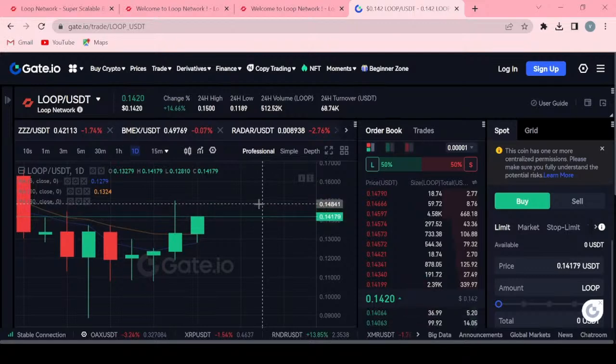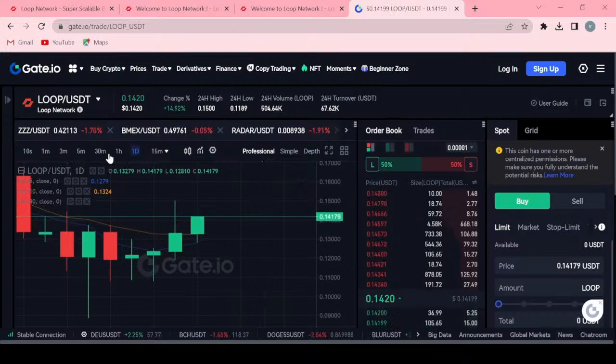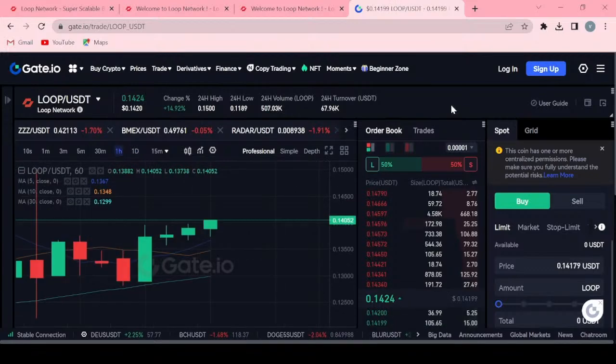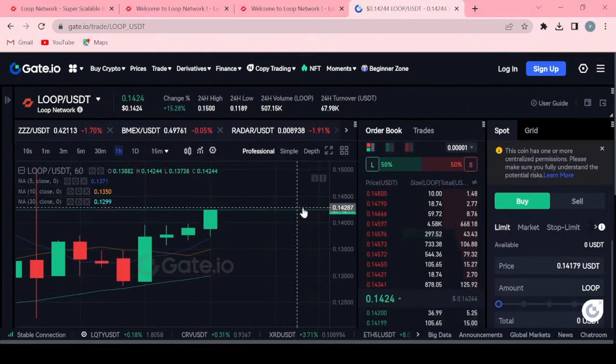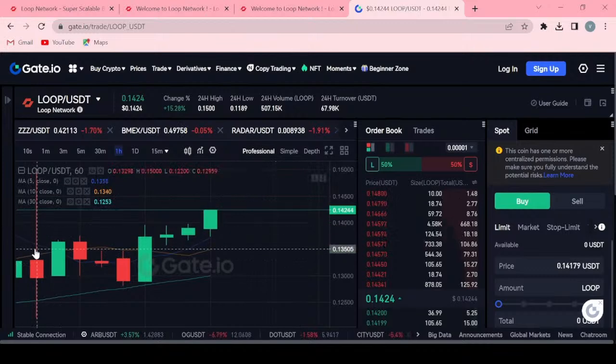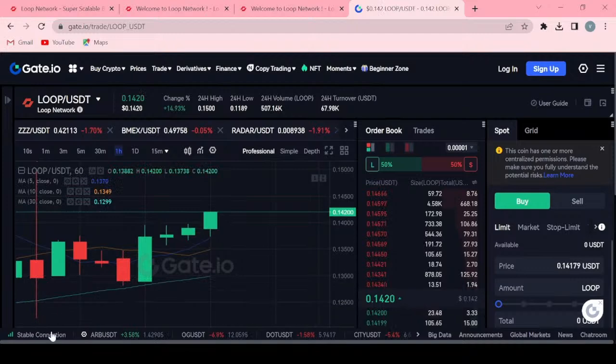So let me see the 1 hour highest price. You can see this hammer, a bigger hammer on the upper side and a lower hammer on the lower side. The upper hammer shows the highest price it went to, and it suddenly dropped in that candle.